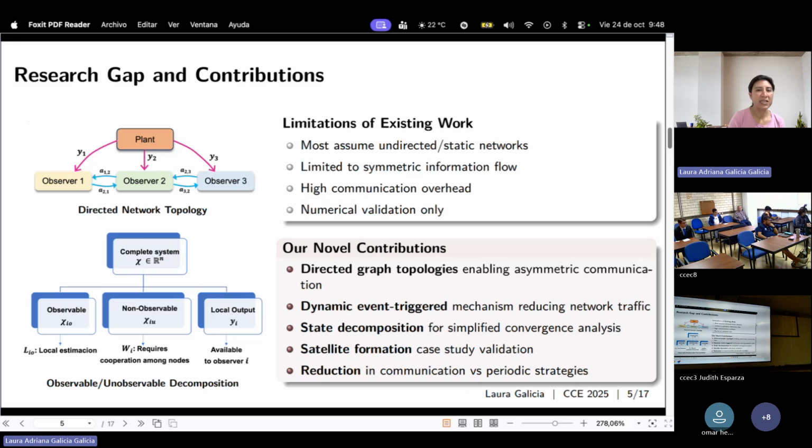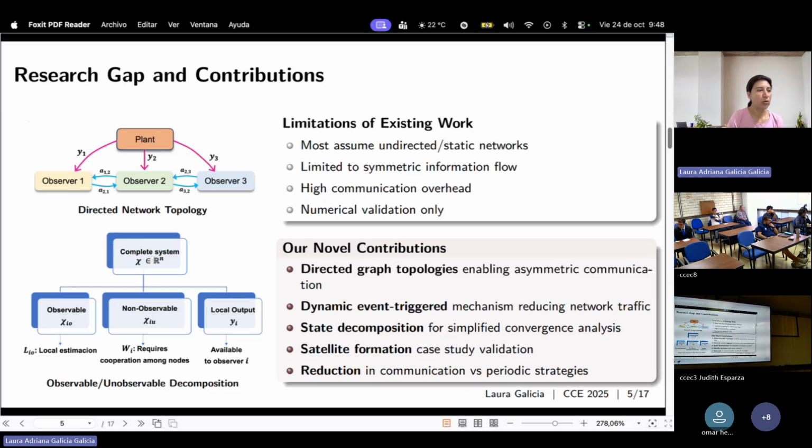We validate this framework through a satellite formation case study, moving beyond purely numerical validation. In addition, we achieve communication reduction compared to periodic strategies while maintaining exponential convergence guarantees.